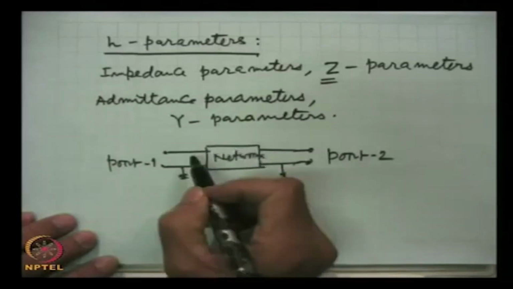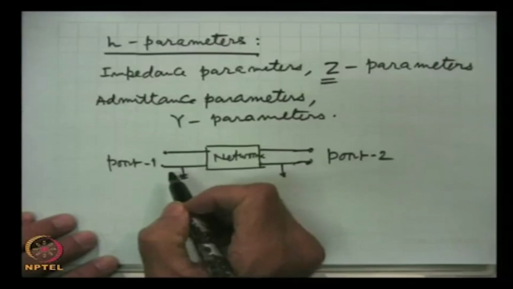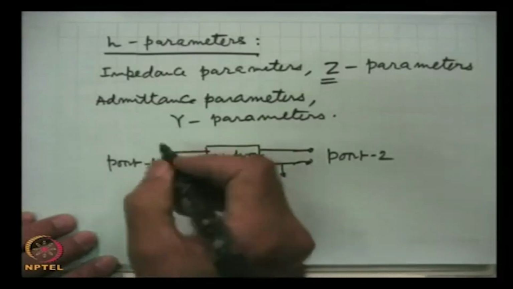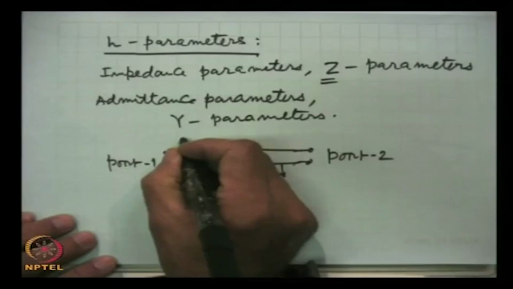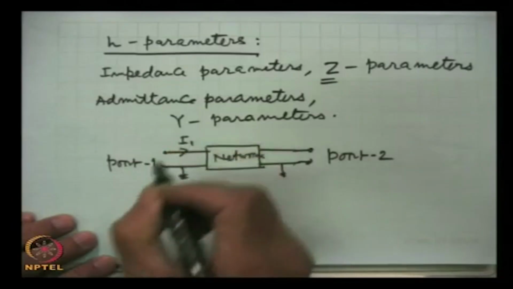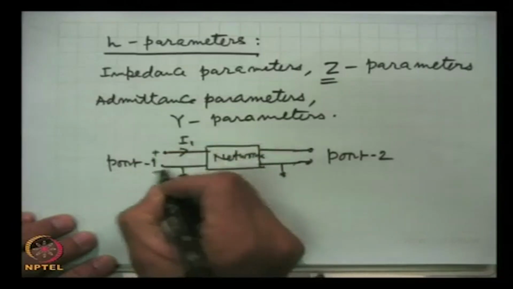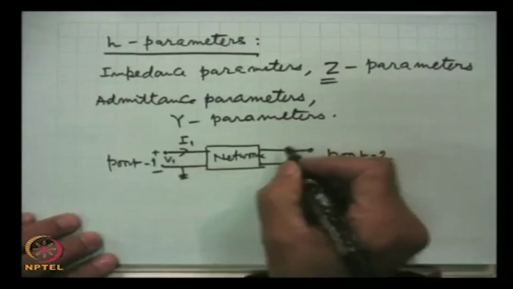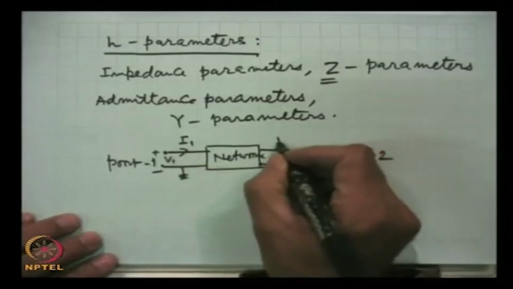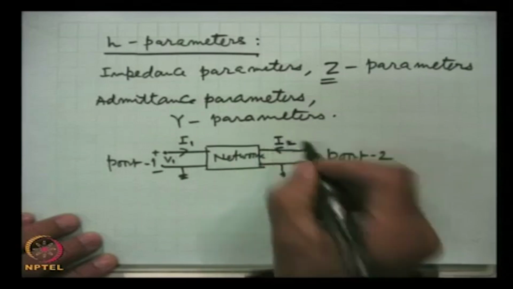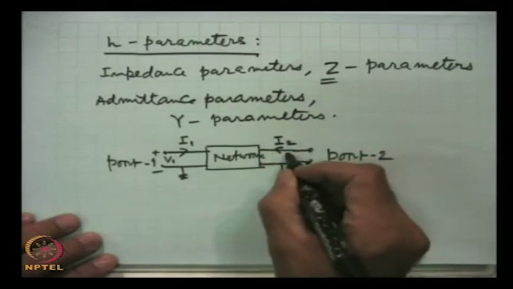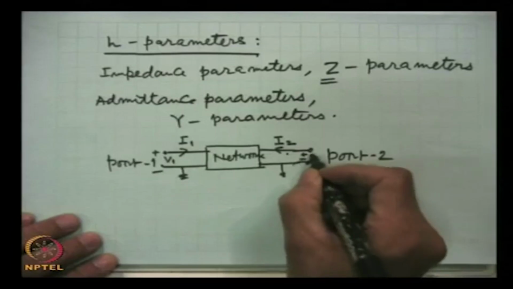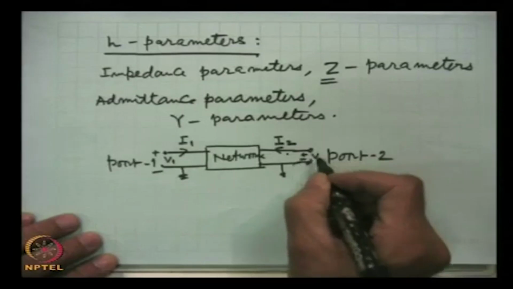We are concerned with the terminal currents and voltages. So, let this current be I1 and this voltage here be V1. Similarly, the current here, let it be I2, and the voltage here V2.